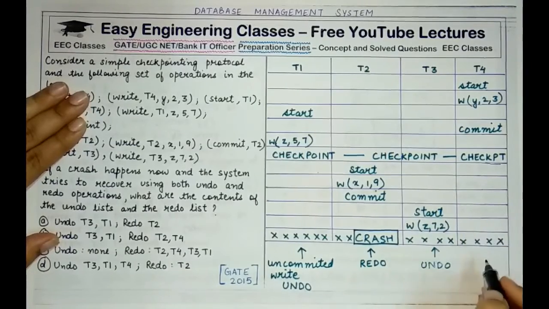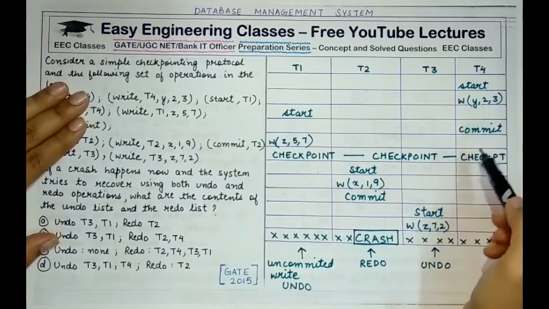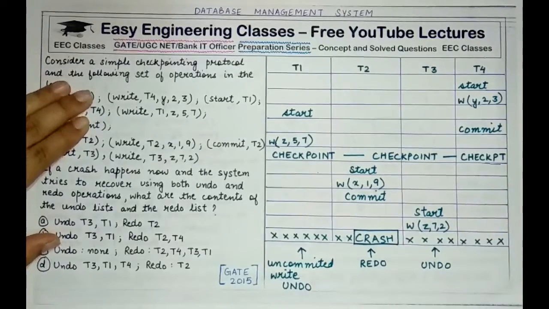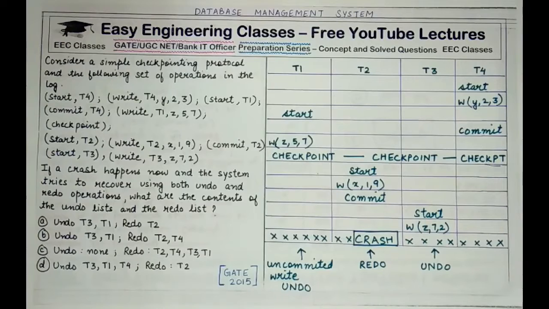Okay, here T4 also started, performed its write operation, committed, and then there was a checkpoint. Okay, now there is another important point to see here. See, there are 2 times at which operations can be performed.